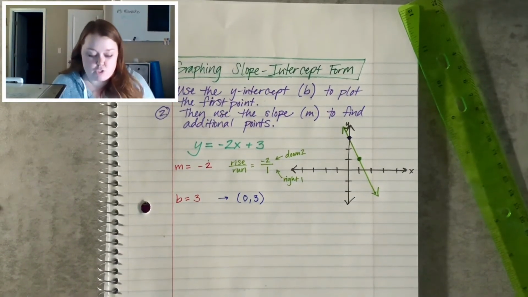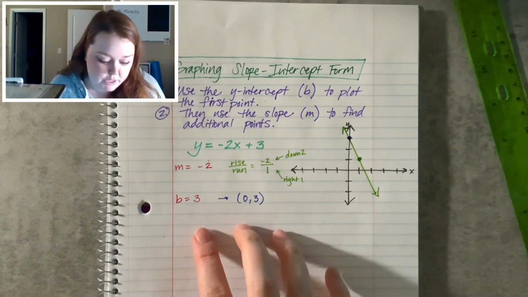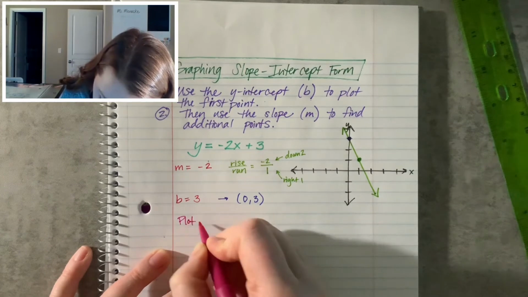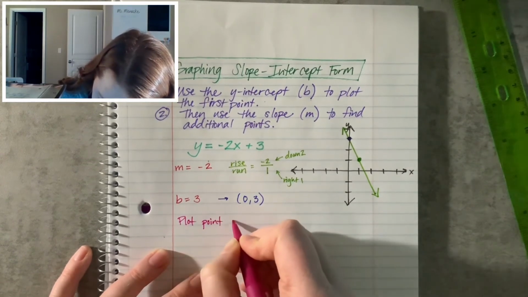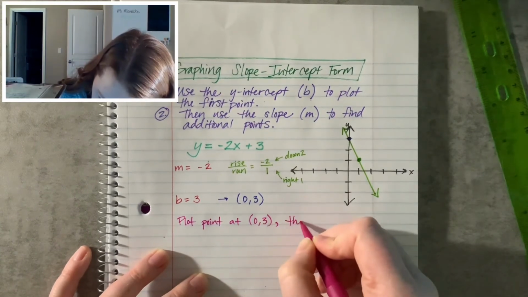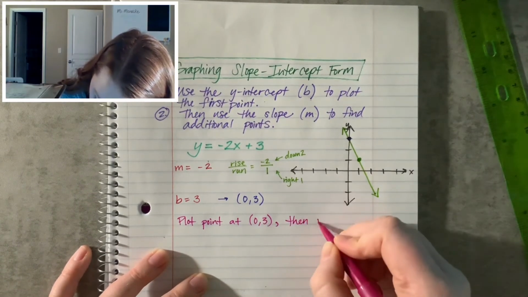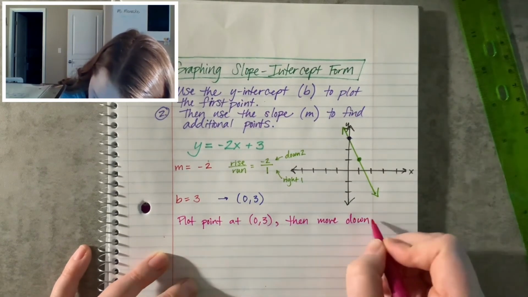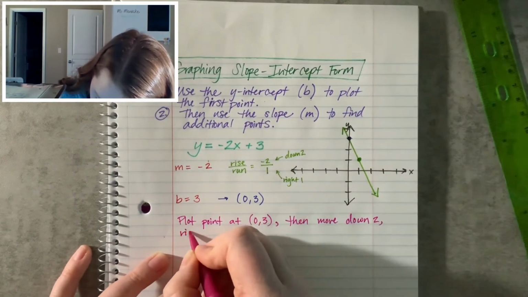Okay. So if you want to write a little summary of how we moved, I'd say: plot point at (0, 3), then move down 2, right 1.